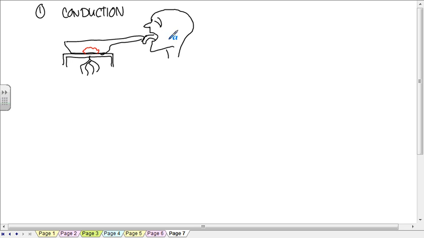And the reason that's not a good idea is that this energy conducts from this material to the adjacent material to the adjacent material. In conduction, the molecules don't change location.